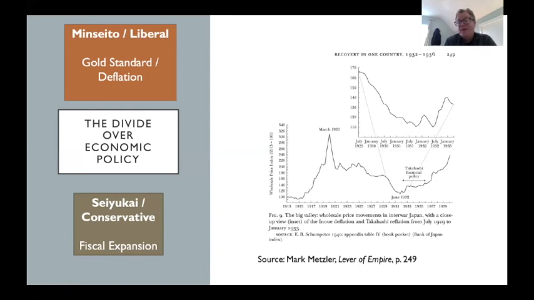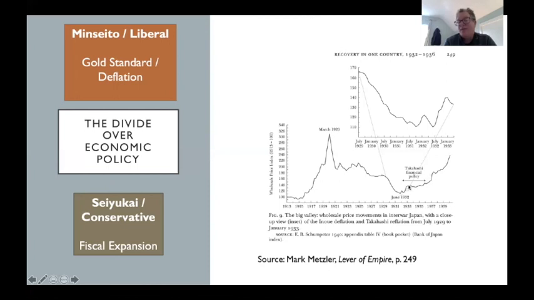In the end, amidst this turmoil that we heard about in 1930 to 32, the leader of the Seiyukai's economic policy, Mr. Takahashi, comes to power. And between 1932 and when he is assassinated in 1936, he puts in place an economic policy that's often referred to as military Keynesianism, where the government starts spending money that it doesn't have, printing money, in essence, to dig Japan out of its deflationary hole.